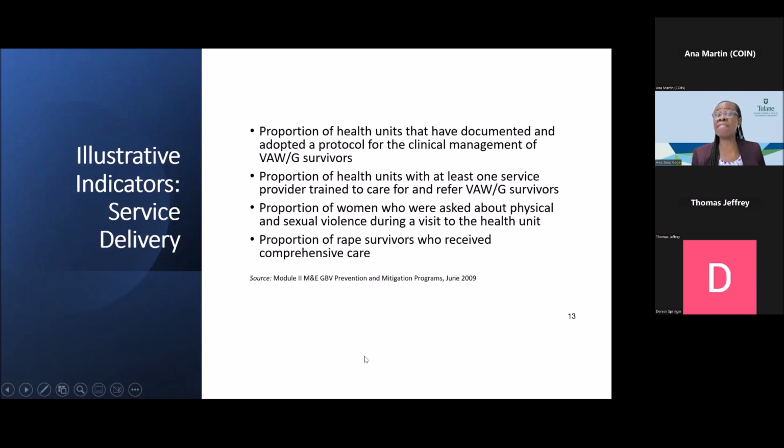For service delivery, which are also found in the Violence Against Women and Girls compendium, the proportion of health units that have documented and adopted a protocol for the clinical management of violence against women and girl survivors, and the proportion of health units with at least one service provider trained to care for and refer violence against women and girl survivors. So it depends on what type of activity your program is undertaking.